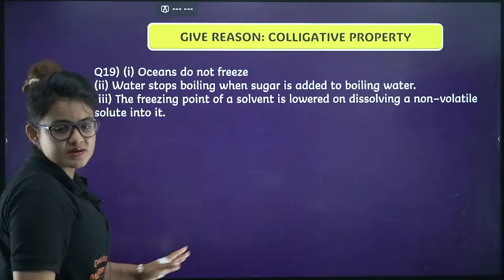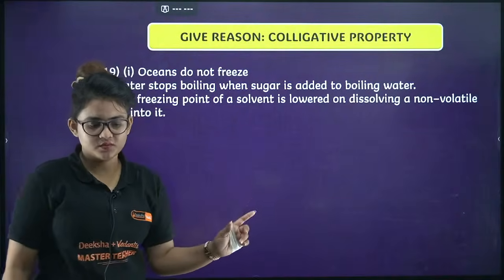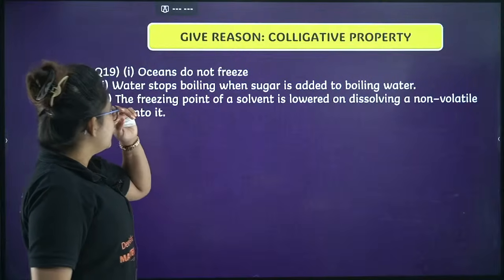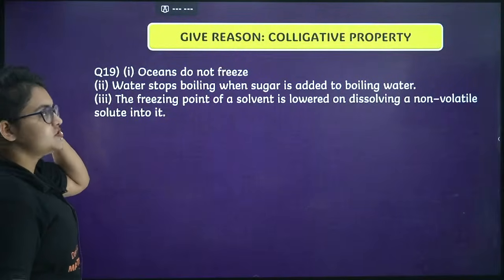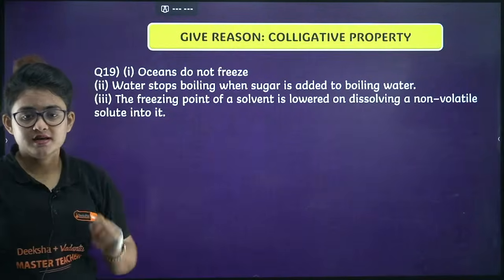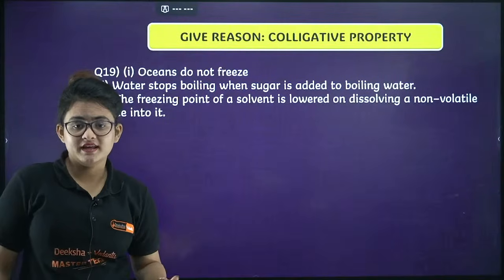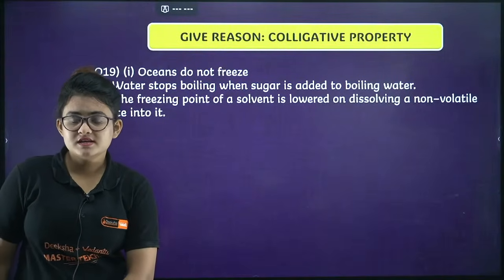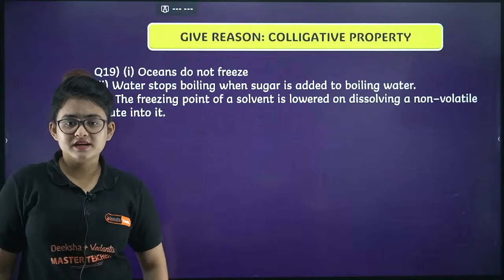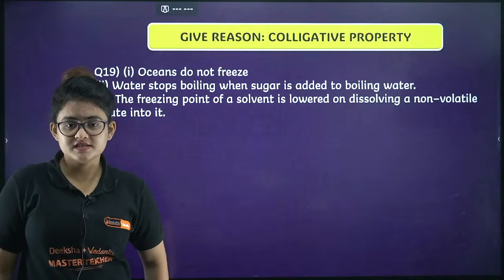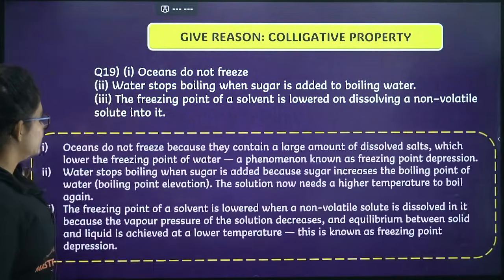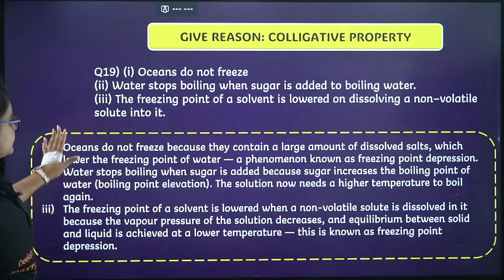Here comes some reason based questions for the board level. Oceans do not freeze. Why? Because in oceans salts are there, right? As a result, a decrease in the freezing point takes place. So I guess it's clear.